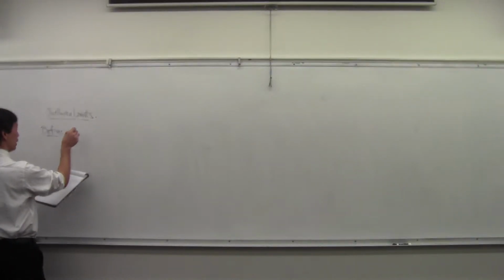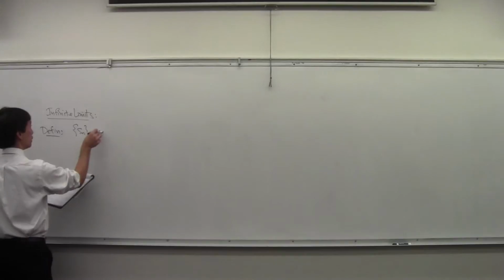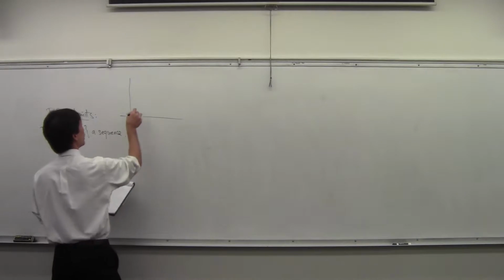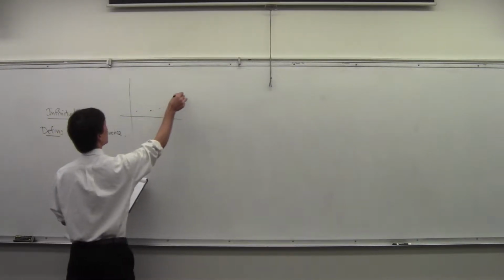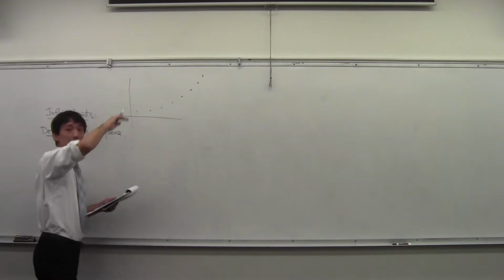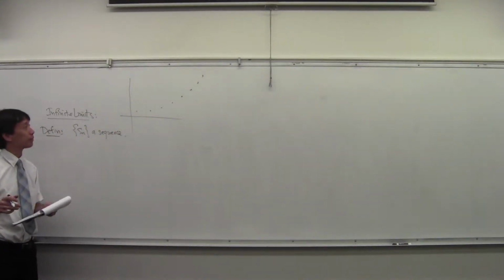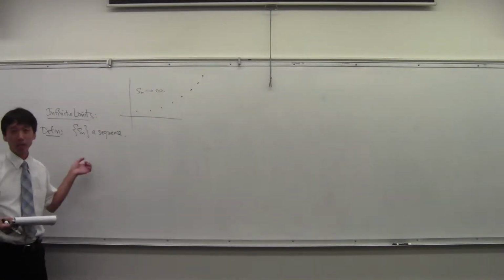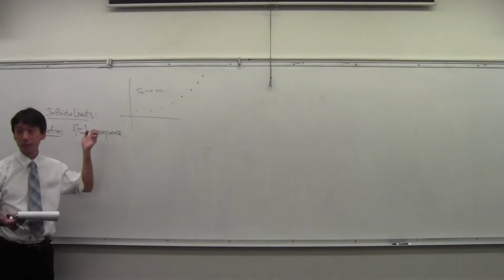There is one kind of divergence that people single out, and it's what we call convergence to infinity. Definition: if you have a sequence S of n that goes off to infinity, up until now we've just said the sequence diverges.